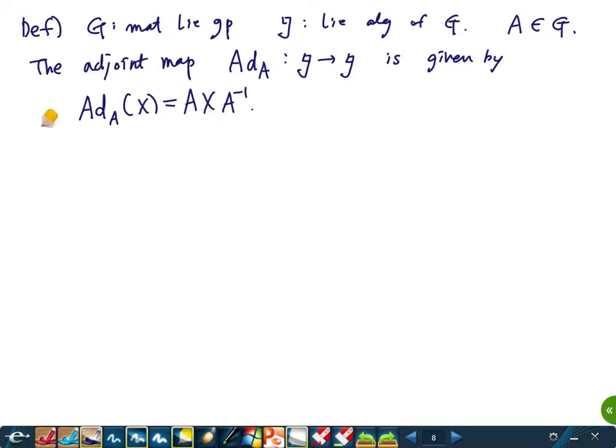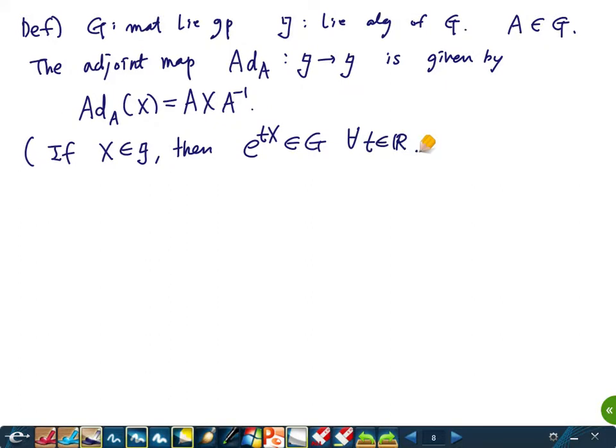But in fact, we have to check whether this is really a map from 𝔤 to 𝔤, because we don't know yet whether this is really in 𝔤. But that's not difficult, so let's check that. If X is in 𝔤, then e^(tX) is in G for all t real, by definition.